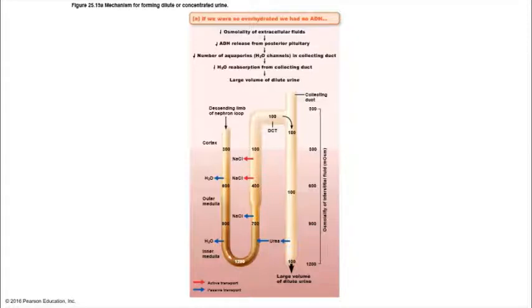And when you're overhydrated, the interstitial fluid of the medulla is going to become dilute. And you're going to produce less antidiuretic hormone, which will cause you to put in fewer aquaporins, reabsorb less water, and your urine will be dilute.